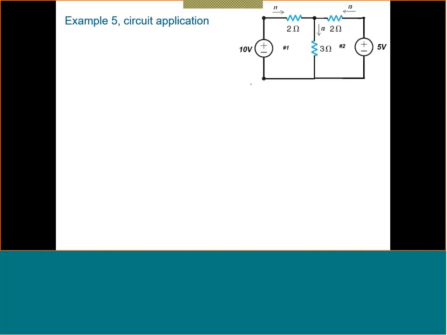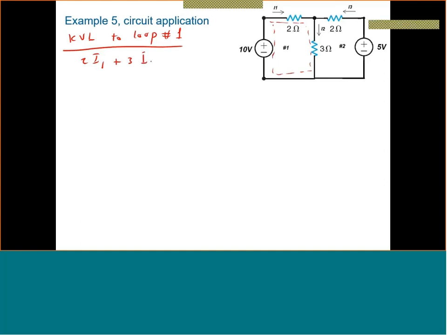So imagine I take KVL in this loop. So it is basically KVL to loop number 1. Okay, so it is 2I1 plus 3I2 equal to 10. So this is my first equation.